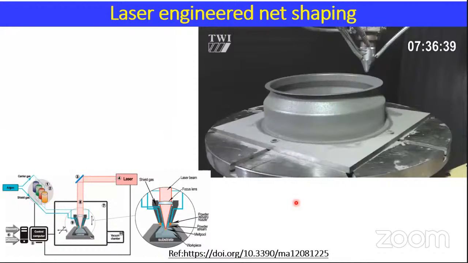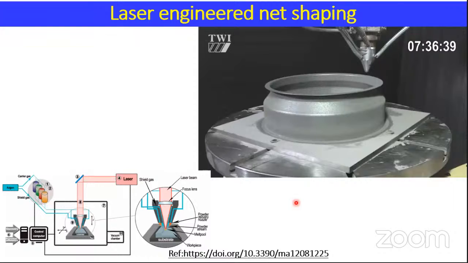The advantage of this technique is that people use it for slightly larger component sizes, which would be difficult to obtain through the SLM or EBM technique.